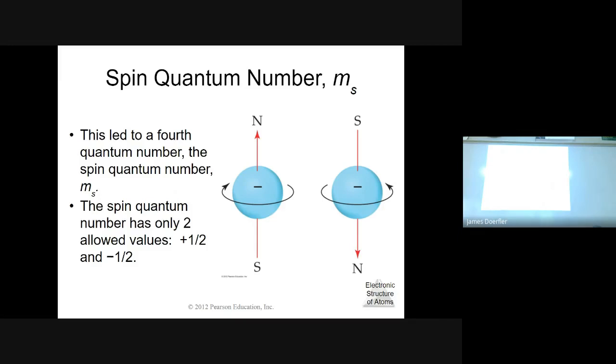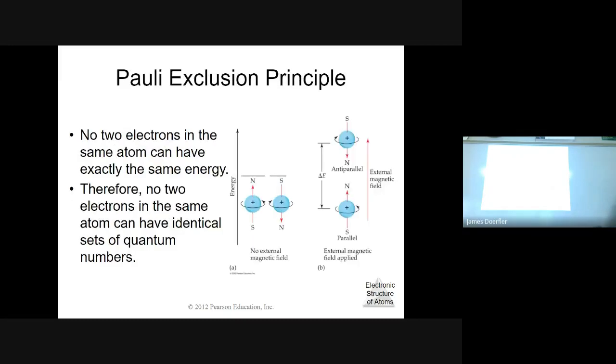And all those values do is indicate which way they spin. Okay? And which way they spin affects their magnetic properties. So, now that we know that this fourth quantum number exists, we develop some more rules and guidelines.